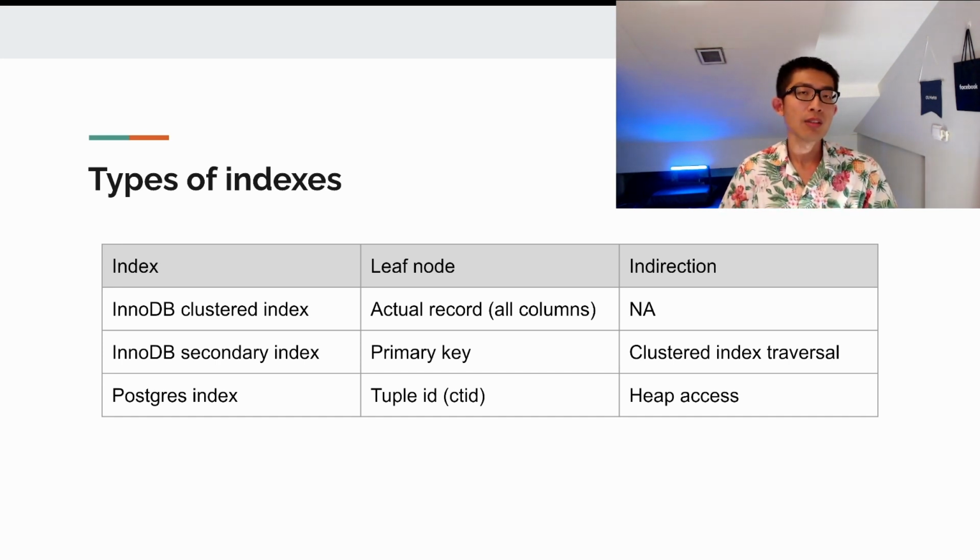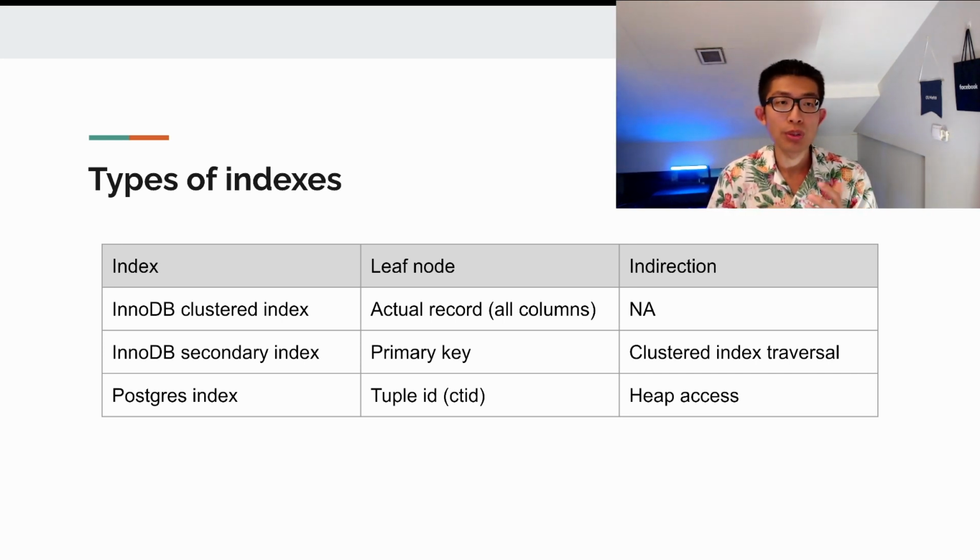ctid represents the physical location of the record. As long as the row's physical location changes, your ctid will change. And in Postgres, if you do a full vacuum, and if your vacuum operation leads to a lot of shuffling of the pages, that incurs a lot of cost. If you compare this to the InnoDB secondary index, the primary key is independent of the physical location of the record.